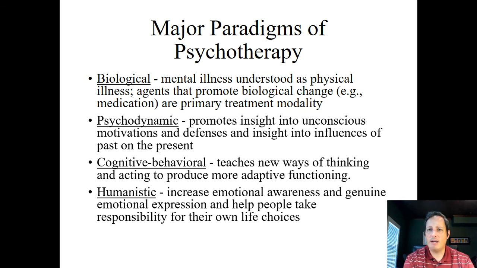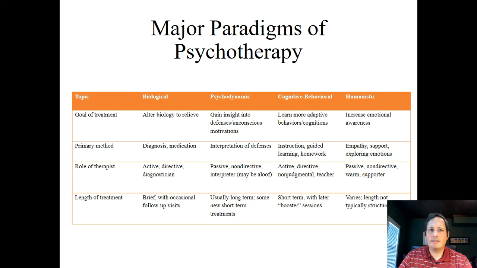And so the humanistic therapy is really trying to connect with people and get them back to their natural state of goodness. And if you can do that, then a lot of the symptoms, in theory, would go ahead and lift. So on this next slide here, you can kind of see the breakdown and the differences between the various approaches or major paradigms.